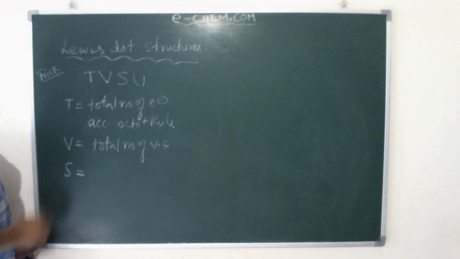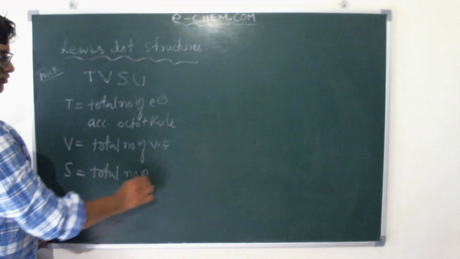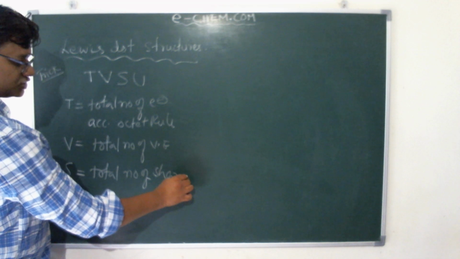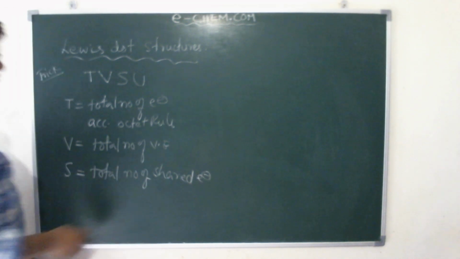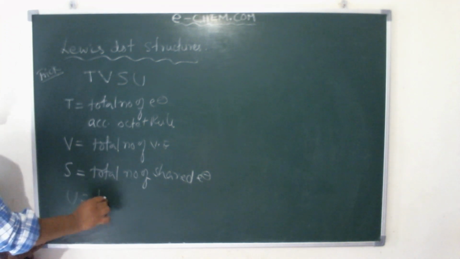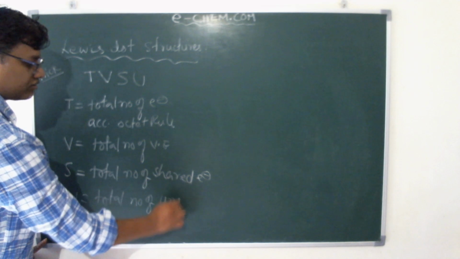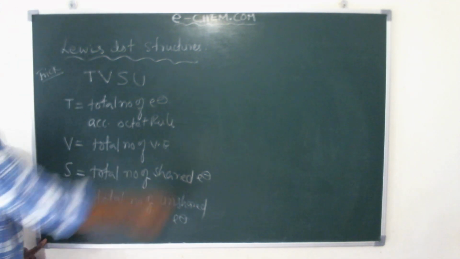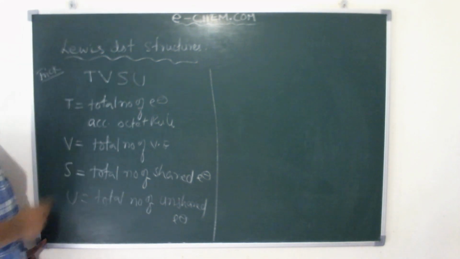S stands for total number of shared electrons. U stands for total number of unshared electrons. Right, these are the terms involved in TVSU rule.